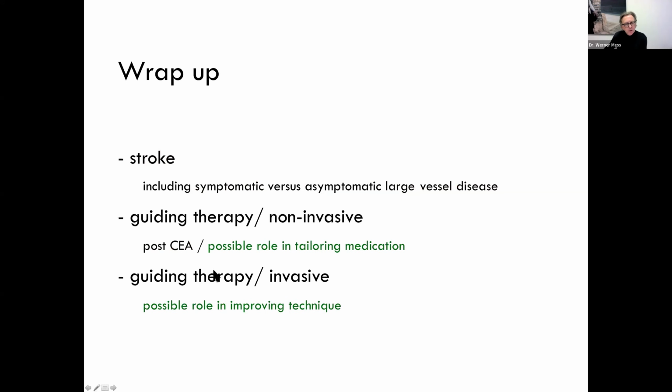The second one, possible role in improving invasive techniques, is only for a minority of our colleagues who are busy with developing new techniques. But this might be something of the future. And of course, we need more studies showing that this really has a positive effect on the outcome of the patients.